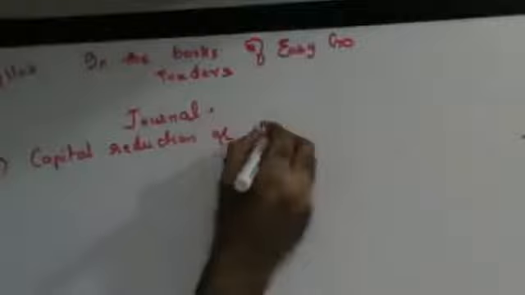I'm writing down the assets. Writing down assets means capital reduction should be on the debit side. So this will be capital reduction account debit, to what all are written off: patents, plant and machinery, and tools and equipment.